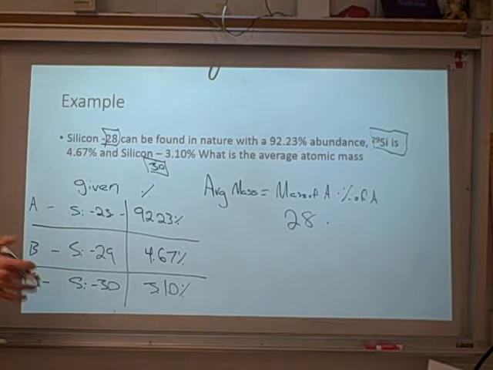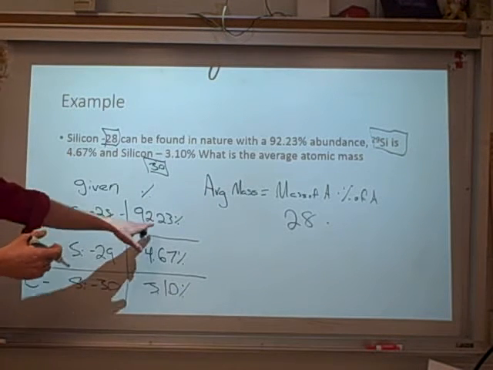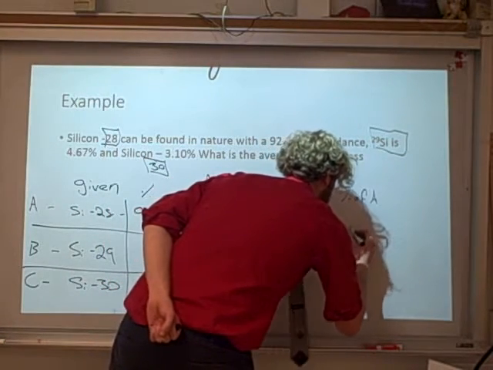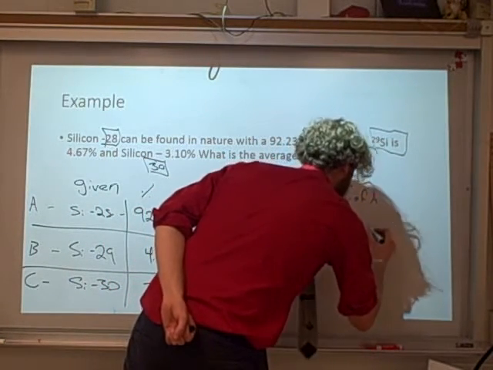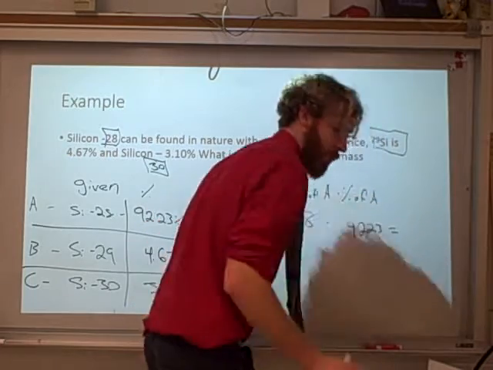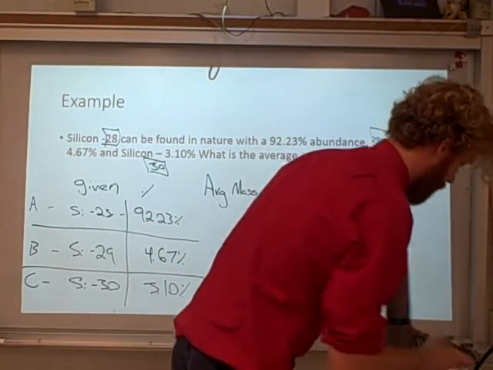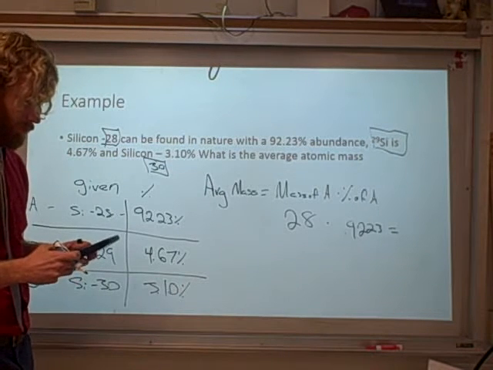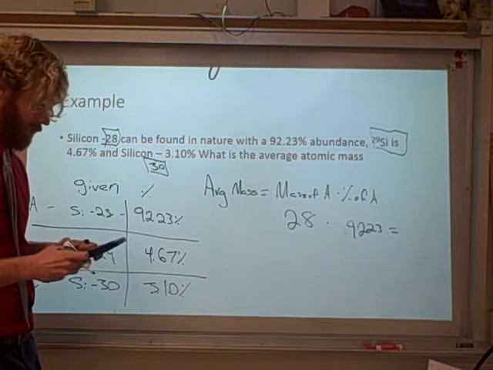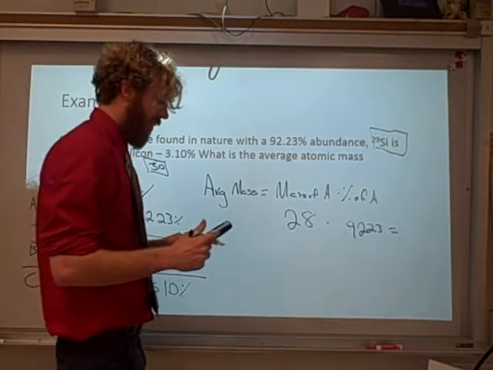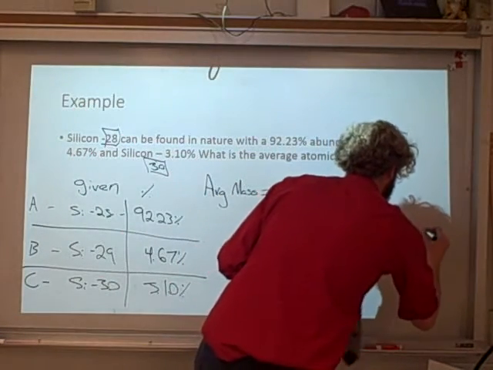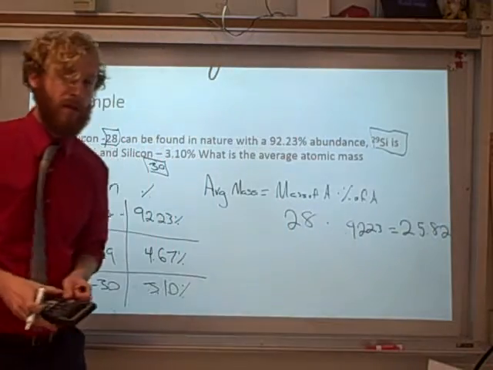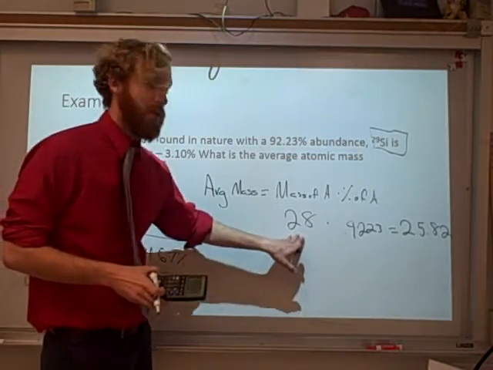Now when we multiply with percentages, we are going to move the decimal over 2 places, and we get 0.9223. And that will give us an answer of 25.82. So you can tell that the majority of the weight comes from the silicon-28.